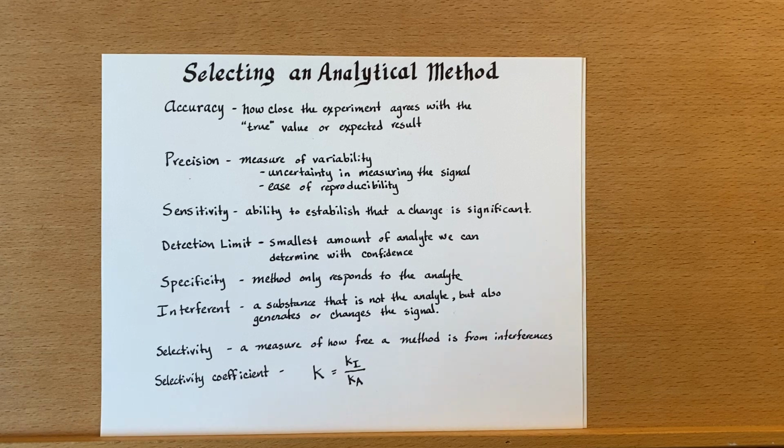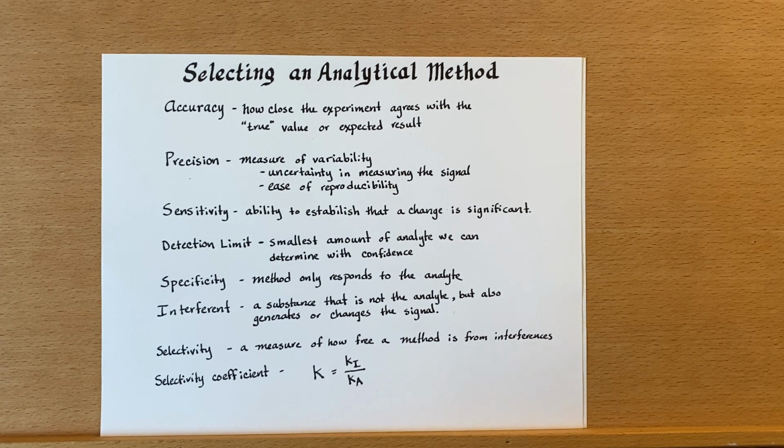And this may come down to equipment availability or how accurate we need to know a sample. There are other outside factors that do come into play when we're selecting an analytical method.